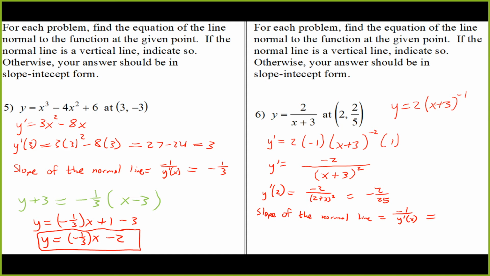Oh no, 25 over 2. 25 over 2, perfect. I'm going to write an intermediary step there, just for notes for later. That was negative 1 divided by our slope, which was negative 2 over 25, which is the same thing as 25 halves.